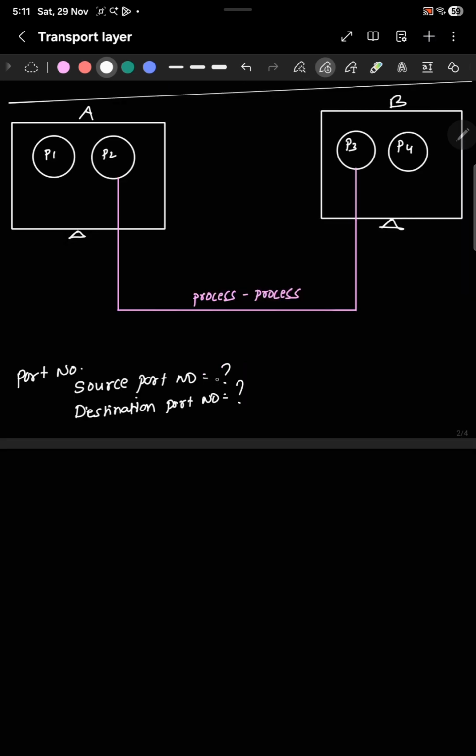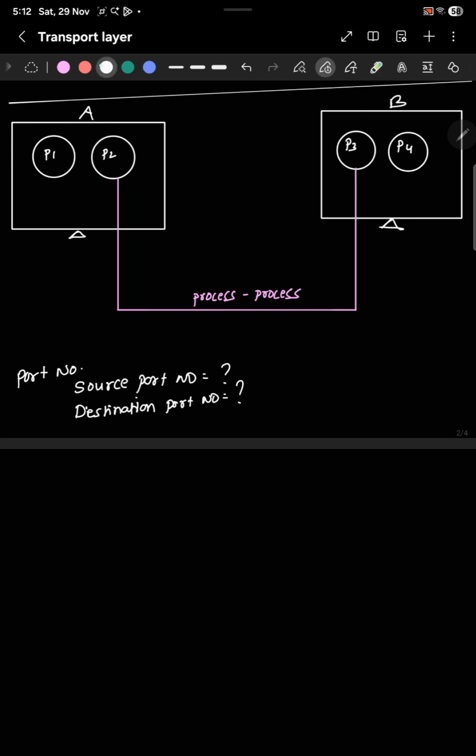Now talking about the source port number, remember one thing: whenever this process P2 starts inside this host, the operating system will assign a randomly generated port number to P2. Again, I'm telling, whenever process P2 starts, your operating system will randomly generate some source port address and assign it to P2.